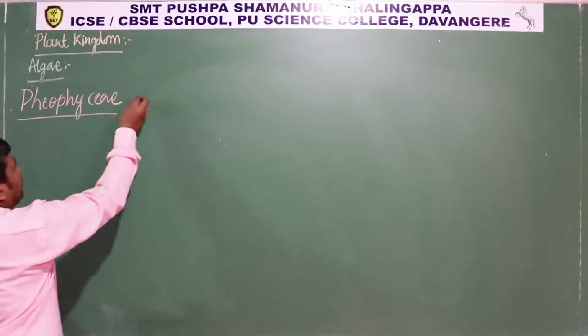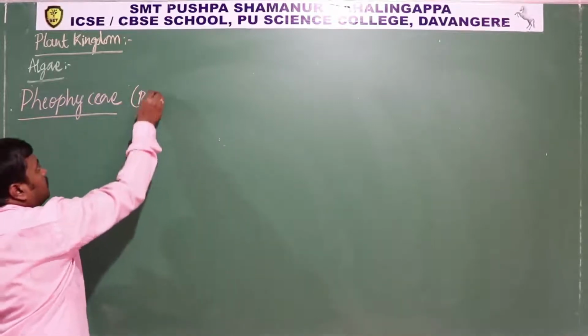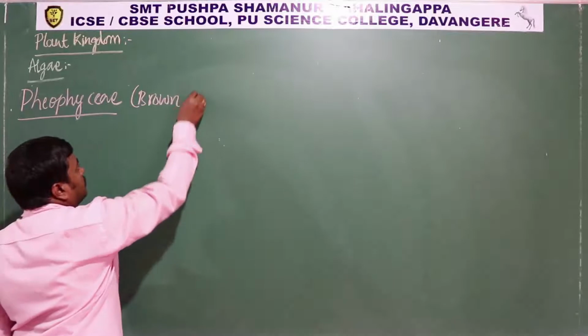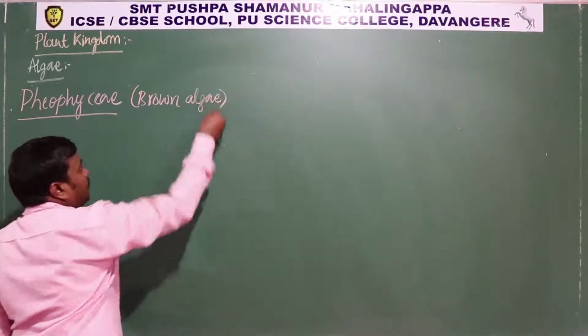So the Phaeophyceae are commonly called brown algae.